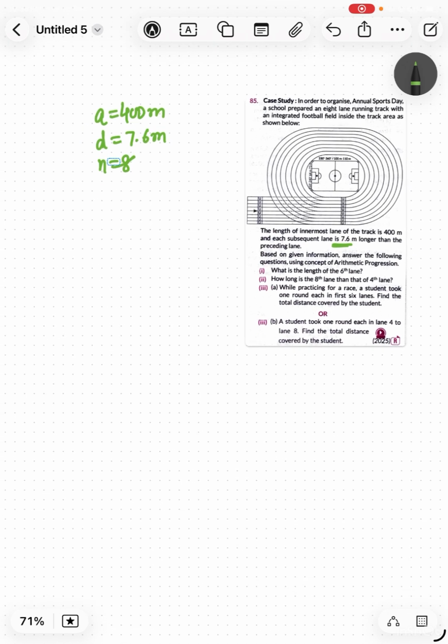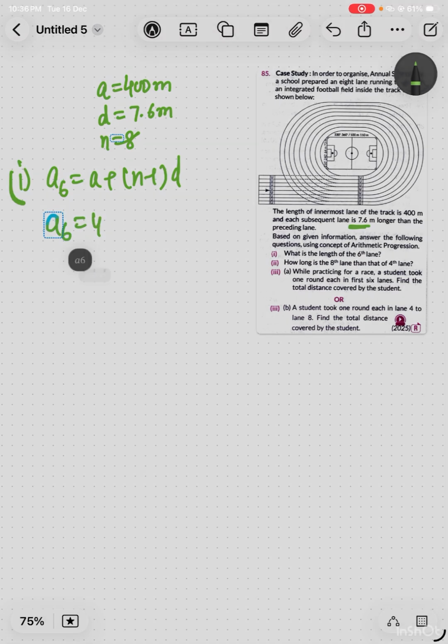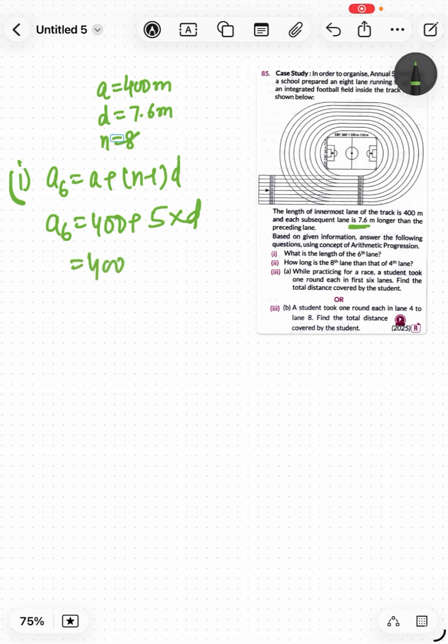So what does the first question say? The first question says, what is the length of the sixth lane? So A6 is equal to A plus n minus 1 into D. A6 is equal to 400 plus 5 into D, which is 400 plus 5 into 7.6.